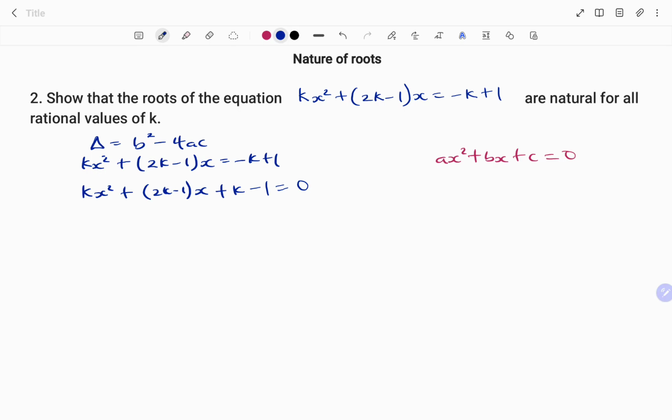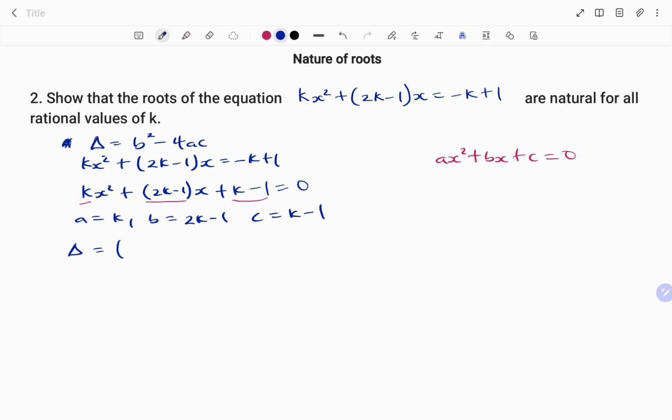Therefore, our a is the coefficient of x squared, our b is the coefficient of x, and c is the constant. Writing that out, we have a equals k, b equals 2k minus 1, and c equals k minus 1.